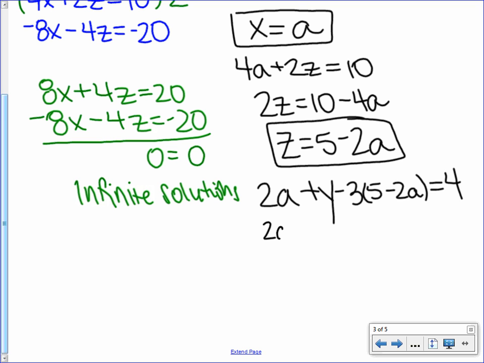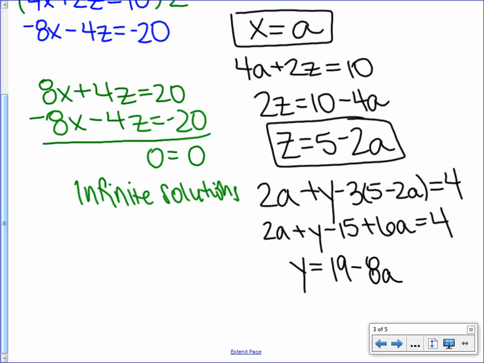So we have 2a plus y minus 15 plus 6a equals 4. So we have y equals 19 minus 8a, right? Do you agree with my algebra there?